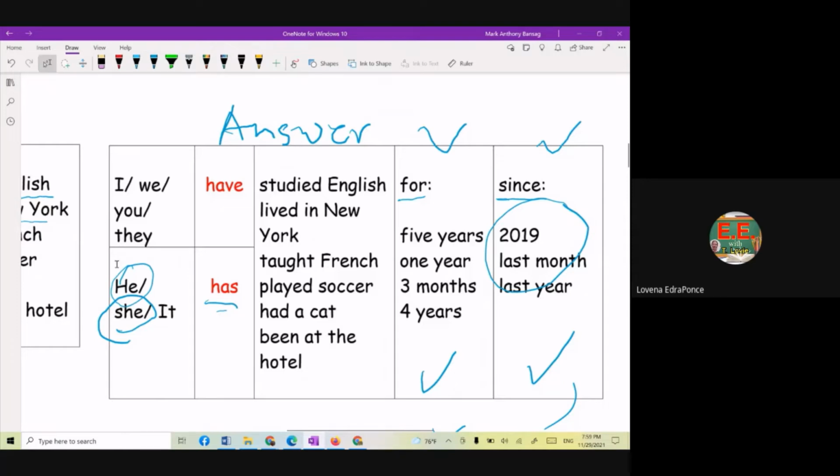Okay, so for example, I have studied English for 5 years. Okay, period. Or you can extend since 2019. Or for 5 years. So since like 2016. Or he has played soccer.